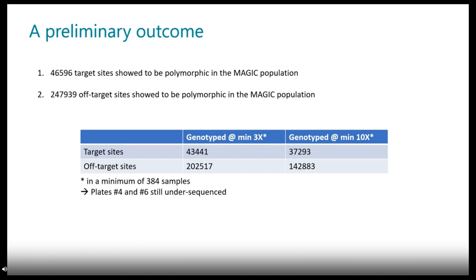Of course, if we increase the coverage to 10x, we see this number decreasing, not significantly, but we knew that for this type of population, being nearly homozygous MAGIC inbred lines, we don't need much more than discovering the single haplotype being inherited in each line.